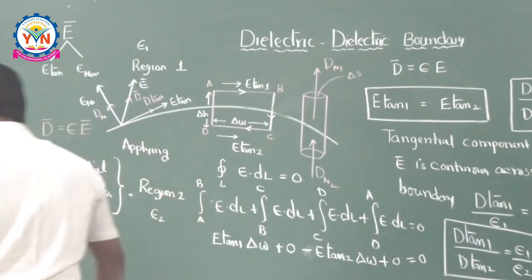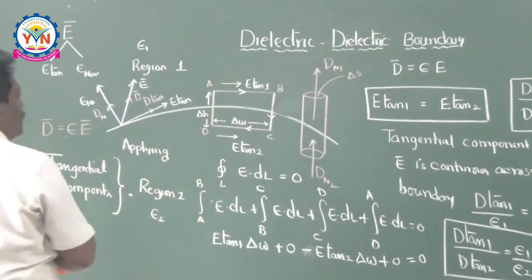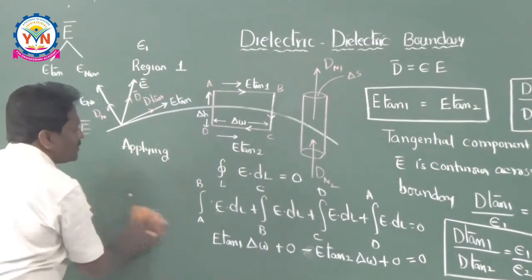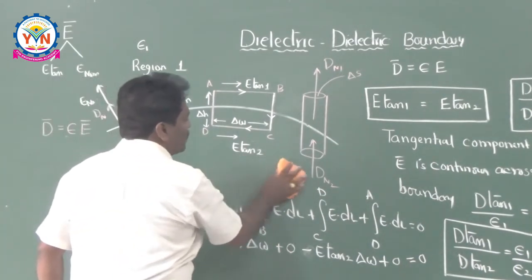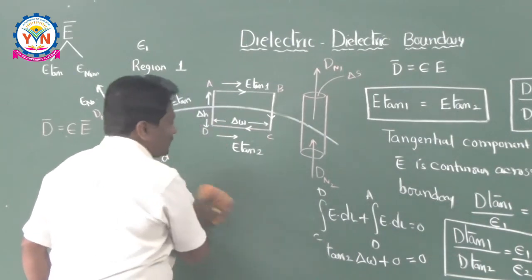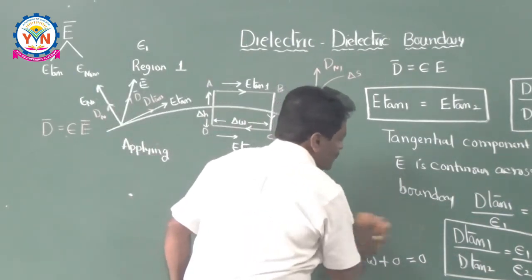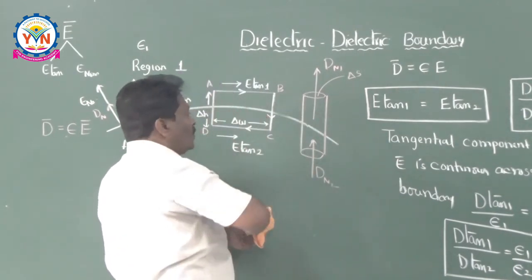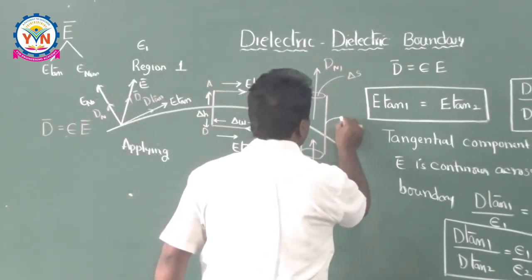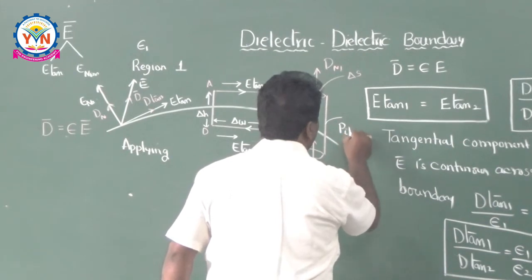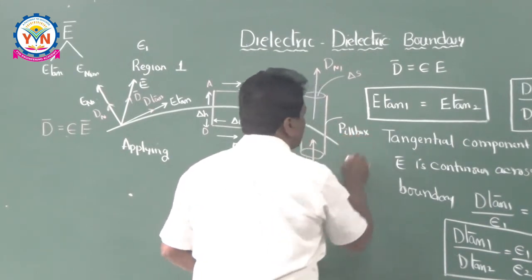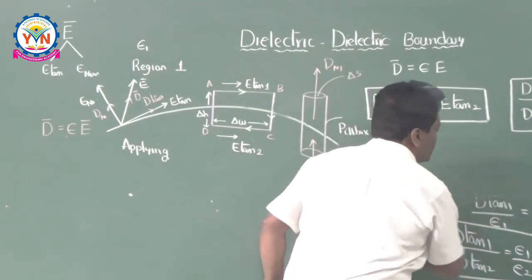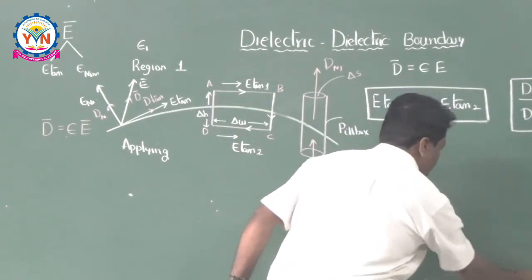Now for calculating these normal components, just like your tangential components, there is a small procedure. What is that procedure? Just after considering the cylindrical box, which is also called the pill box, you can apply your Gauss law for this entire pill box here.